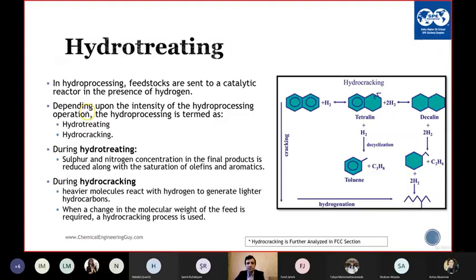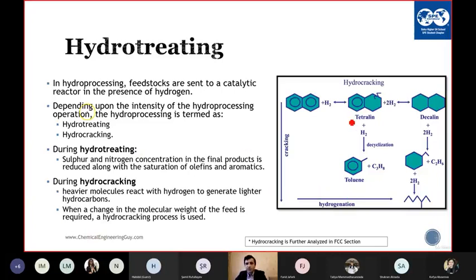In hydroprocessing, we have hydrotreating and hydrocracking. During hydrotreating, sulfur and nitrogen concentration in the final product is reduced along with the saturation of olefins and aromatics. In hydrocracking, the feed is first cracked into smaller hydrocarbon molecules, then hydrogenation happens to produce hydrocarbons with a smaller number of carbons.